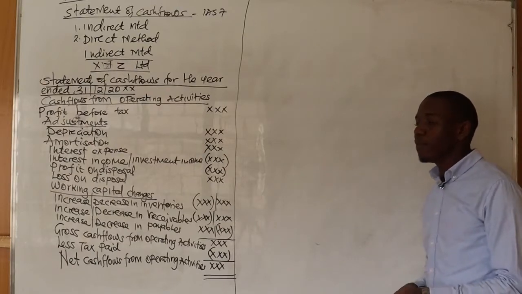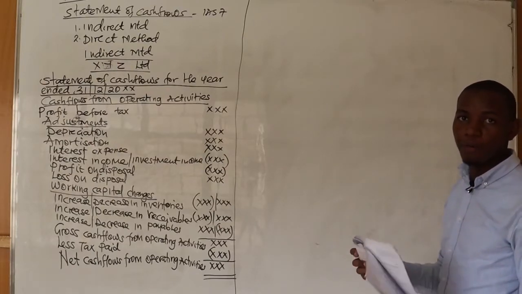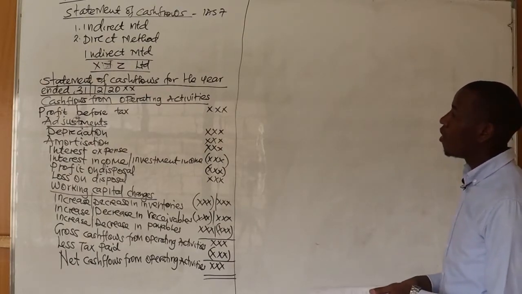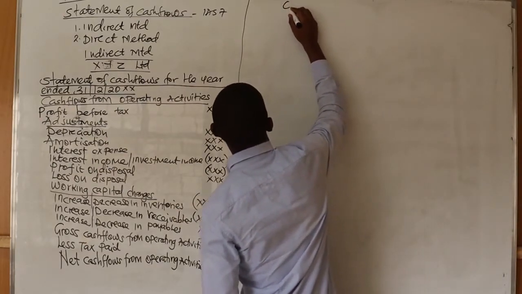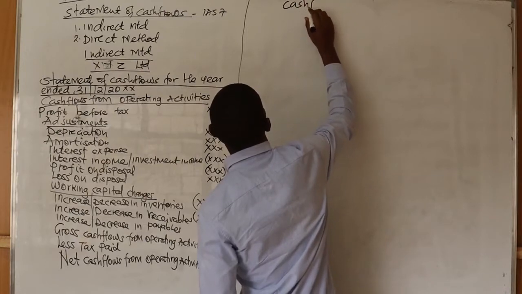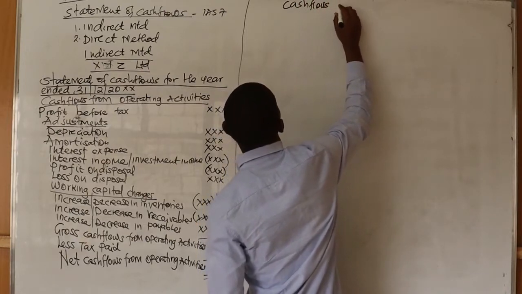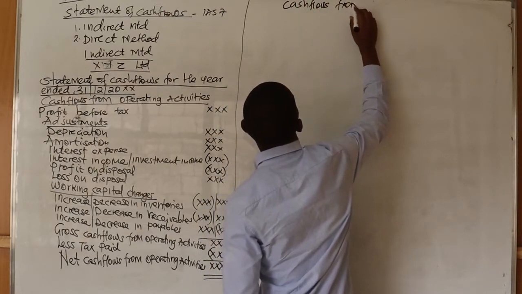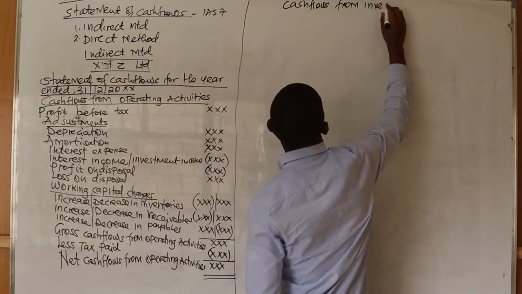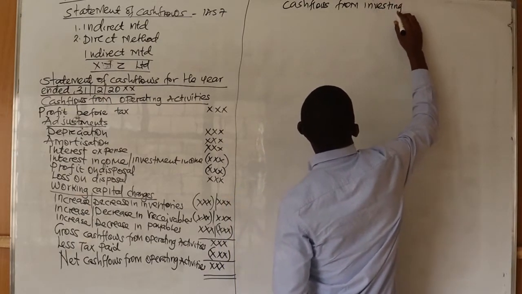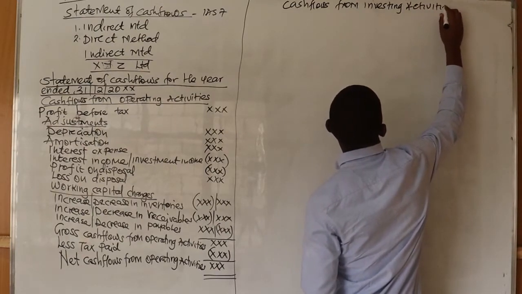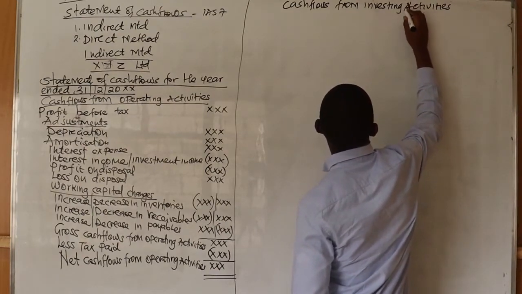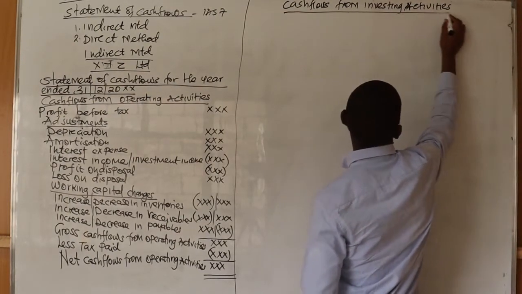So once you're done with the cash flows from operating activities, now you'll go to the cash flows from investing activities. Not financing, but investing activities.